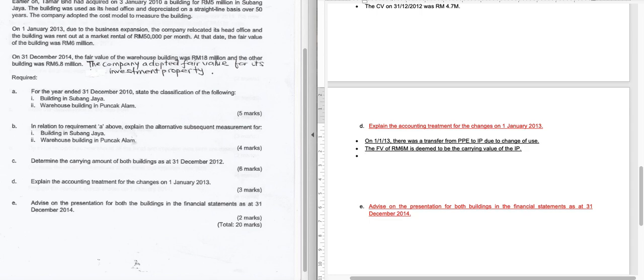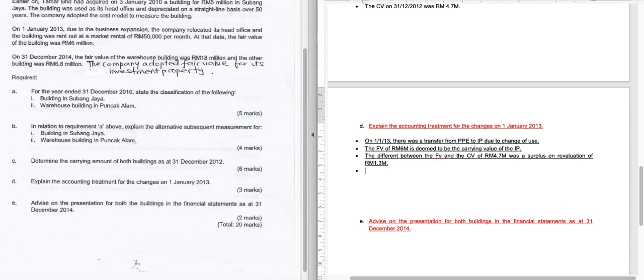And the difference between the fair value and the carrying value of RM 4.7 million was a surplus on revaluation of RM 1.3 million.